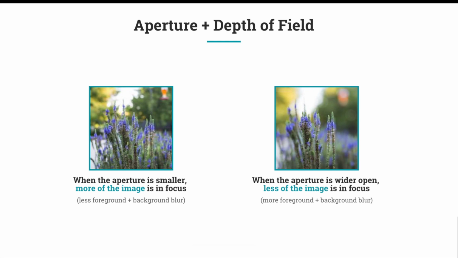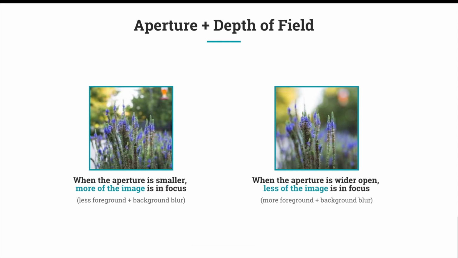If you get a little confused between the numbers and the size of the aperture, make sure you review our video on aperture and what the numbers mean. A small aperture would have a number like f16. That number is going to make your aperture very small.